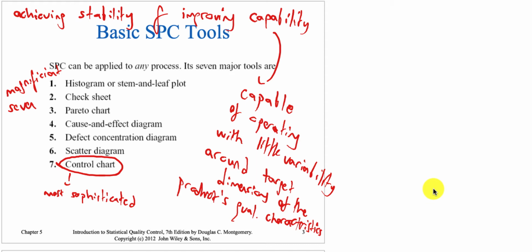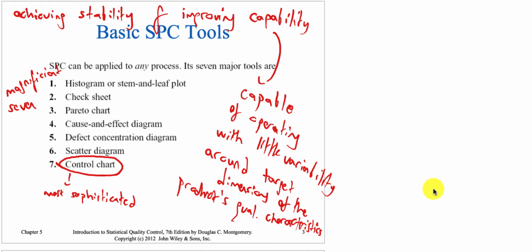You already know what a histogram and stem and leaf plot are. If you don't know that, I'm 100% sure you know that, but you can check chapter 3 and chapter 4 of the textbook. Also, you can review your probability and statistics course lecture notes.